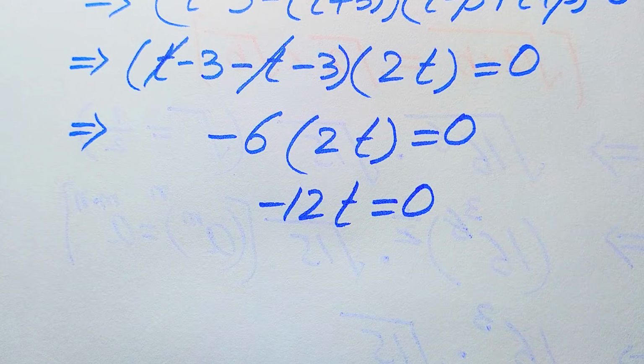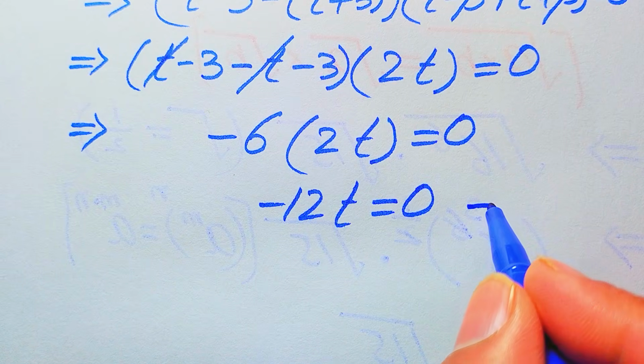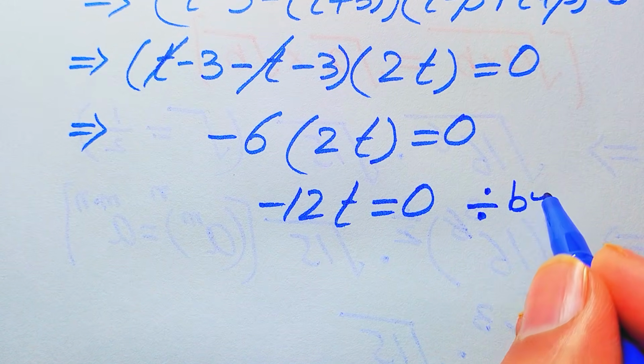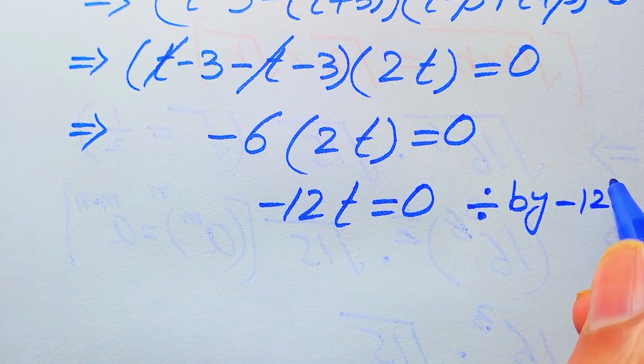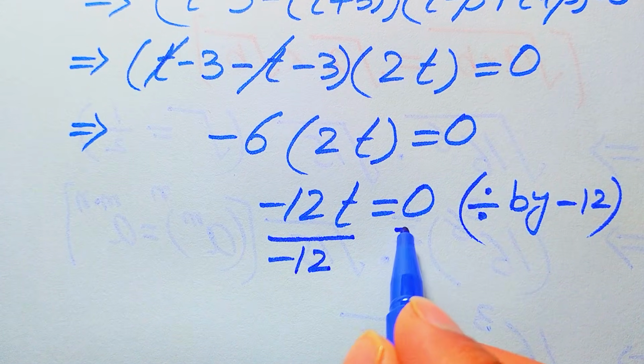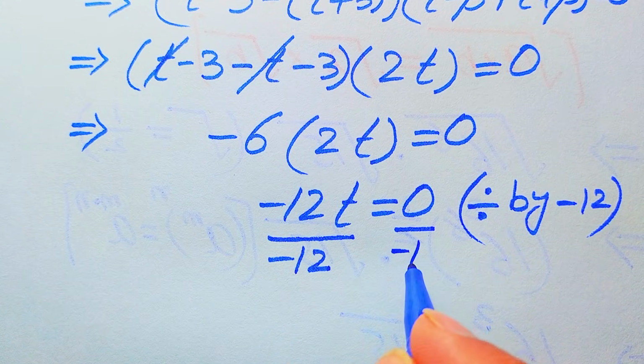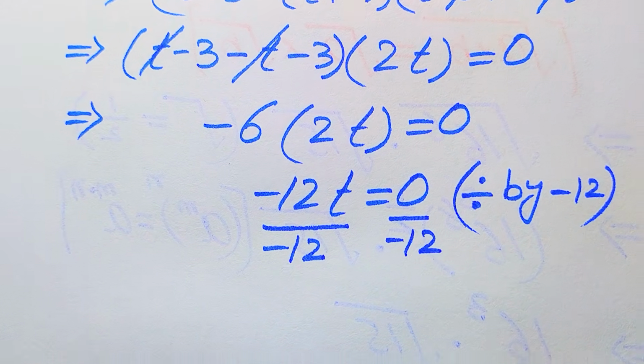Here you know that we need to find the values of t. So for the values of t we need to remove this minus 12, and for this we divide both sides by minus 12. When we divide both sides by minus 12, it becomes minus 12t divided by minus 12, and 0 divided by minus 12.